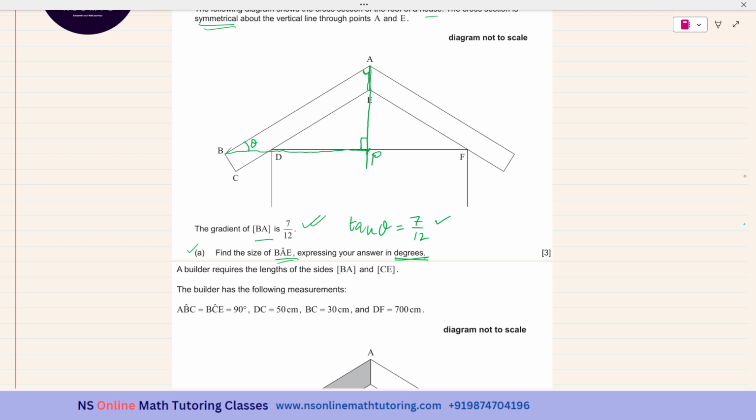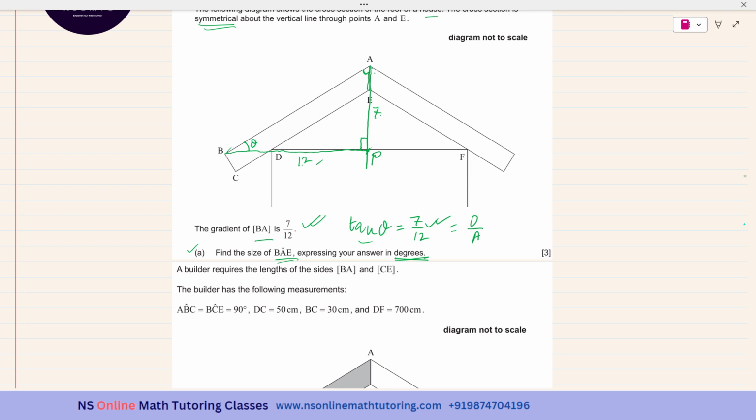And what is tan theta? It is opposite over adjacent. Opposite is this side EP and adjacent is this side BP. So I can take this as 7 and this as 12. It can be 14 and 24 also because this is a ratio. I am assuming the multiplier is 1, but the multiplier can be any number.